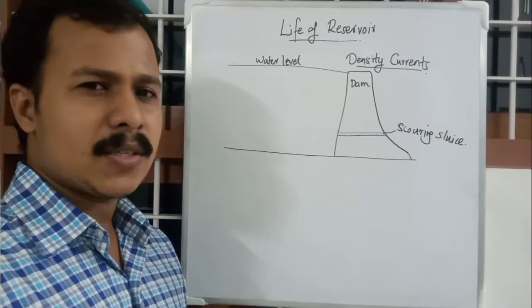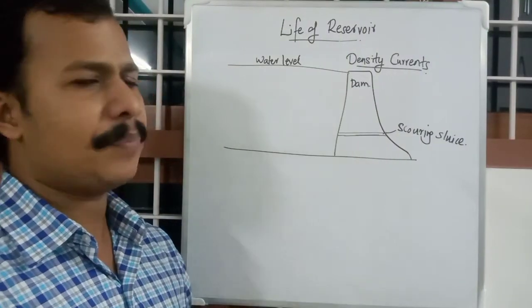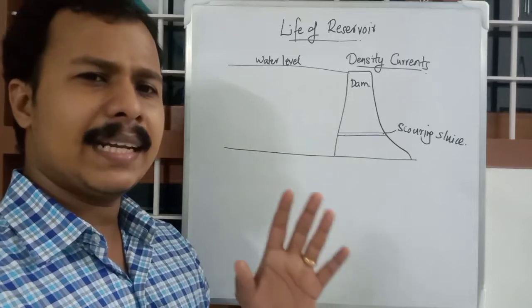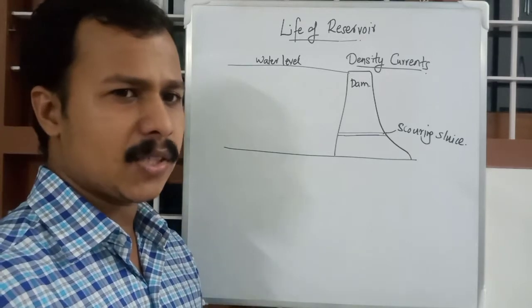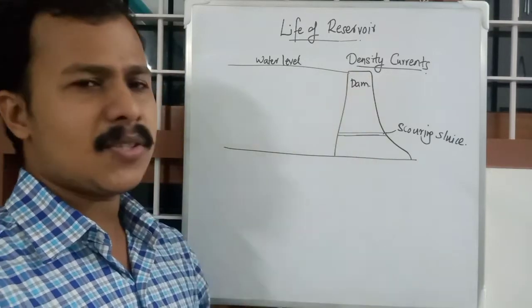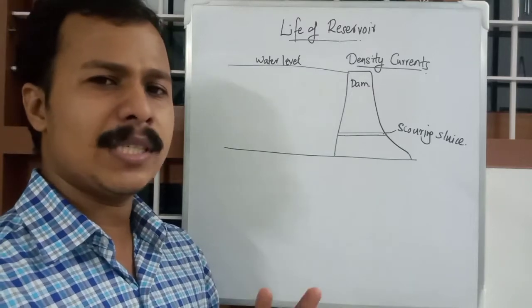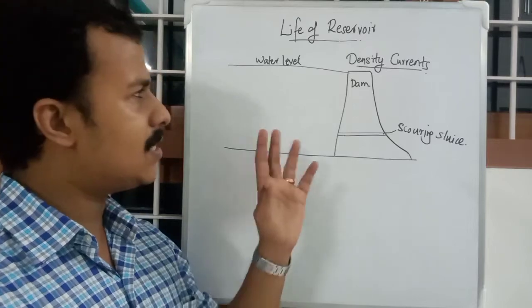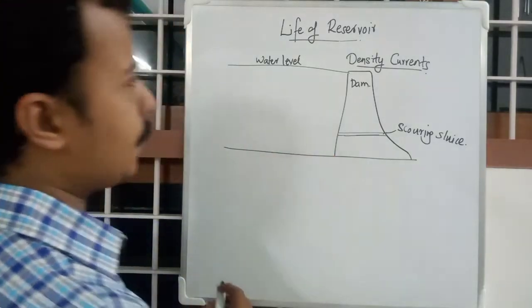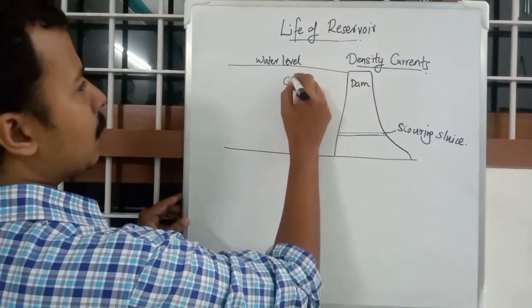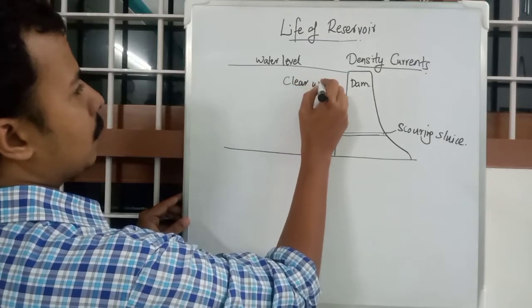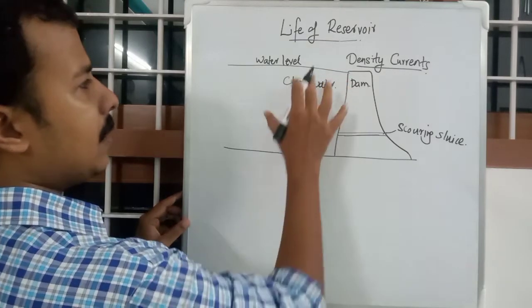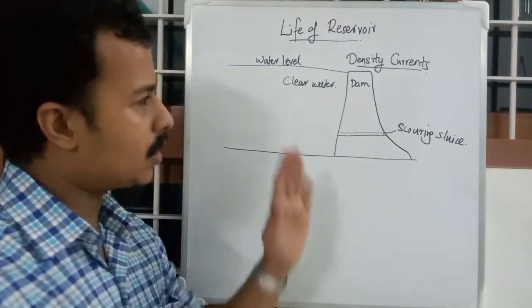Density currents is a very common term referred to in hydrology and also in geotechnics, and it is just the interaction of two fluids with slightly different density. In reservoirs there will be clear water in the main storage, nearer to the dam.